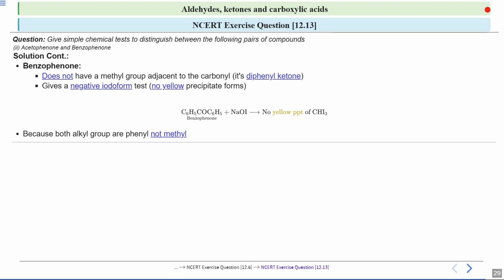To summarize, the reason benzophenone fails the iodoform test is that both groups attached to the carbonyl are phenyl rings and not methyl groups. This is the structural feature that differentiates it from acetophenone.